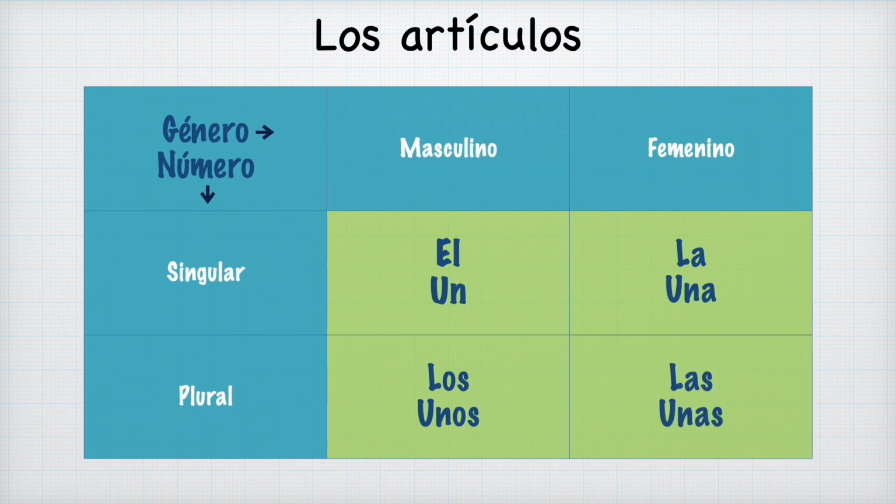And for feminine, we're going to use las or unas. So depending on what you're trying to say, you're going to use the definite articles or the indefinite articles. I've been using the articles throughout the class, so you can see which words are feminine and masculine based on the article. But let's take a look at how we can determine the gender.